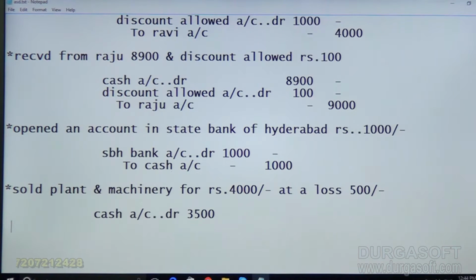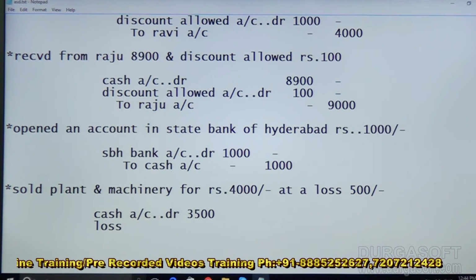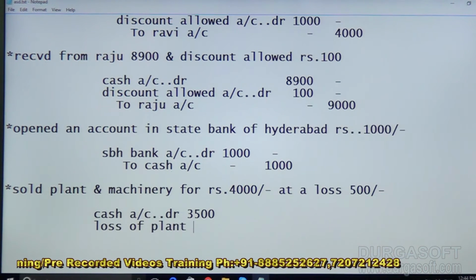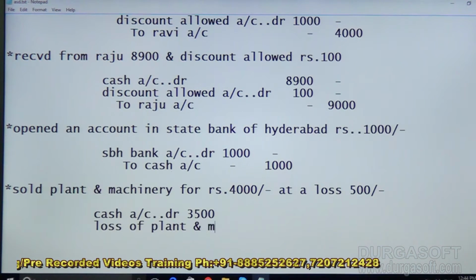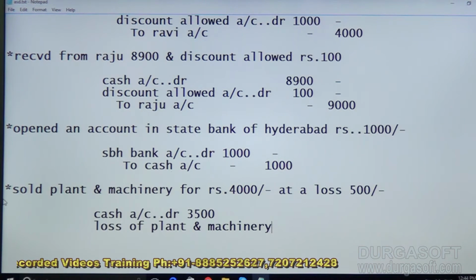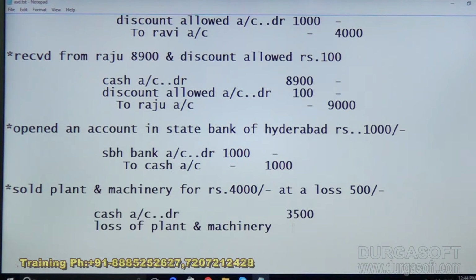Cash account debit, and loss. We need to mention the loss here, just like discount allowed and discount received, just the same here also. Loss of plant and machinery due to scrap or damages; we can mention the reason also if you require. So how much loss have we got here? 500.